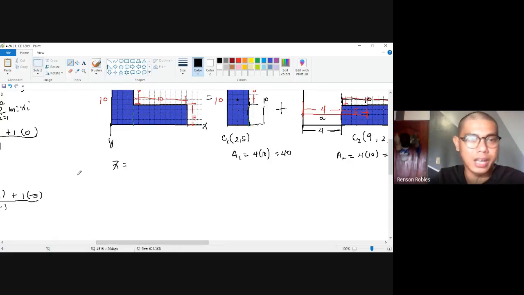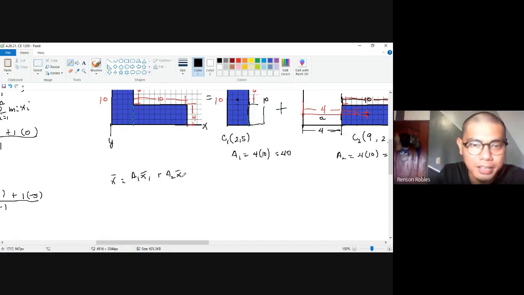Our centroid now, bar X, is equal to A1 bar X1 plus A2 bar X2 all over A1 plus A2. And then similarly, bar Y is A1 bar Y1 plus A2 bar Y2 all over A1 plus A2. I hope you are getting me right.